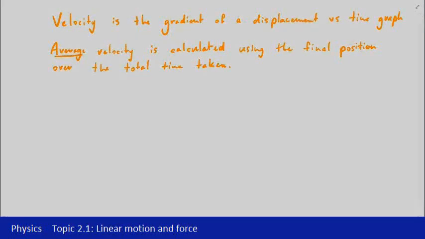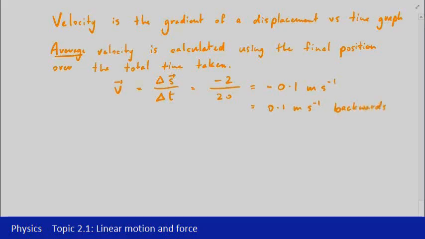So the calculation for that would then be that the average velocity would be the change in the displacement over the change in time, and in this case it's gone a total displacement of -2 meters in 20 seconds, and so that would give us a velocity of -0.1 meters per second, or you could interpret that as being 0.1 meters per second backwards, I suppose, so behind or backwards.